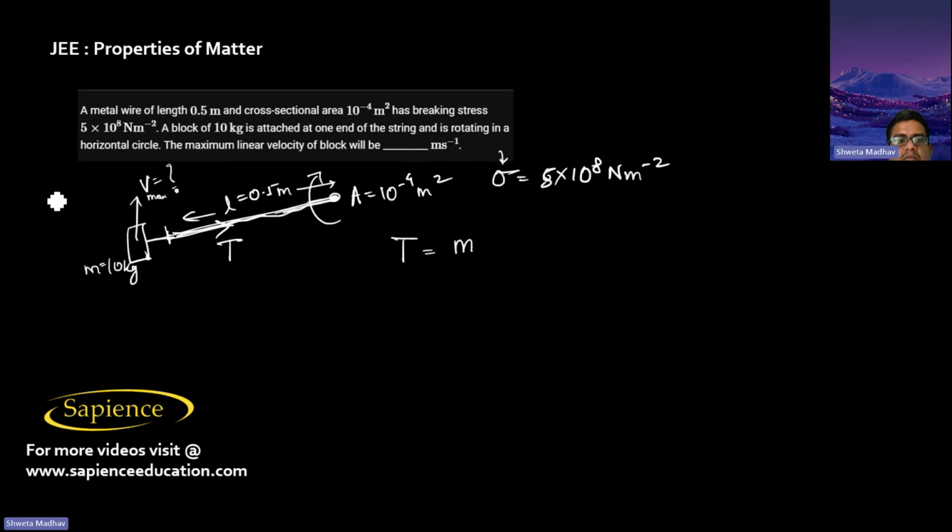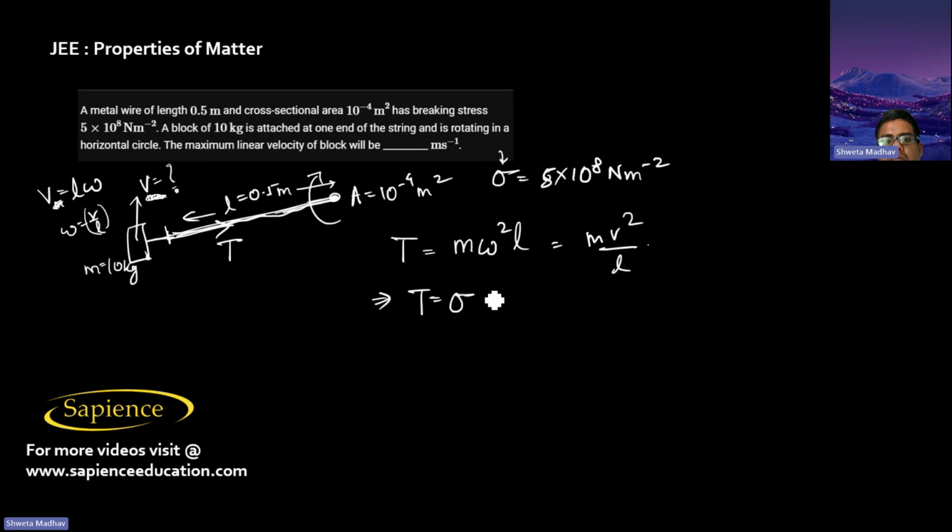V max, or V I can say, is equal to L into omega. V equals L omega. So omega will be equal to V by L. So tension force will be equal to M omega square into L. So that is M V square by L. T will be equal to M V square by L.